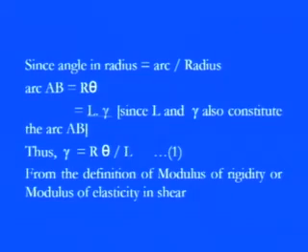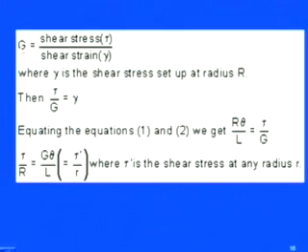So under the load application of Hooke's law, or under the elastic limit, the shear stress is proportional to shear strain, or shear stress equals G times shear strain, or G equals shear stress by strain. So this relation is there: the modulus of rigidity equals shear stress tau divided by shear strain gamma, as I told you recently, where tau is the shear stress to be set up at the radius of r.